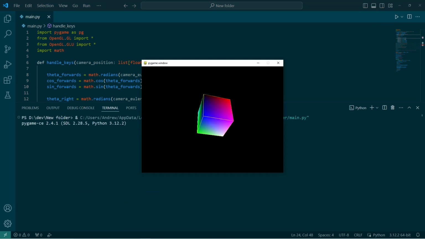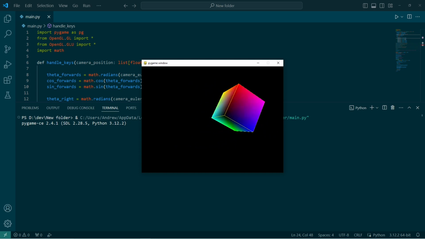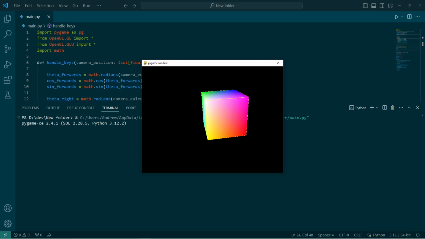We can move around, and now we can sort of, yeah, walk around as well.